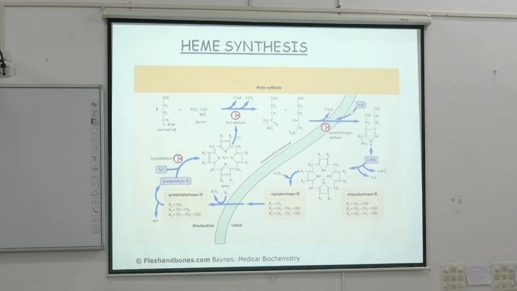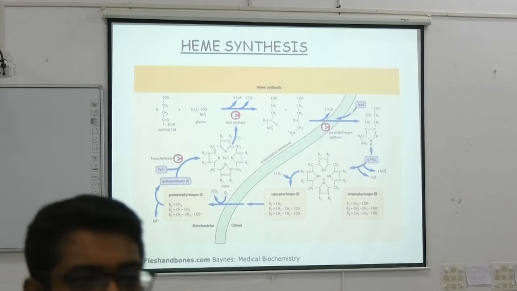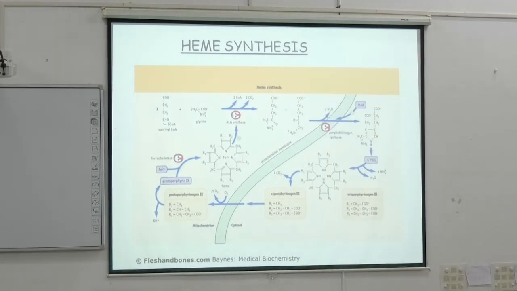Most of the time, porphyrias are clinical diagnoses. Can anyone tell me what a clinical diagnosis is? What a histopathological diagnosis is? What a radiological imaging diagnosis is?